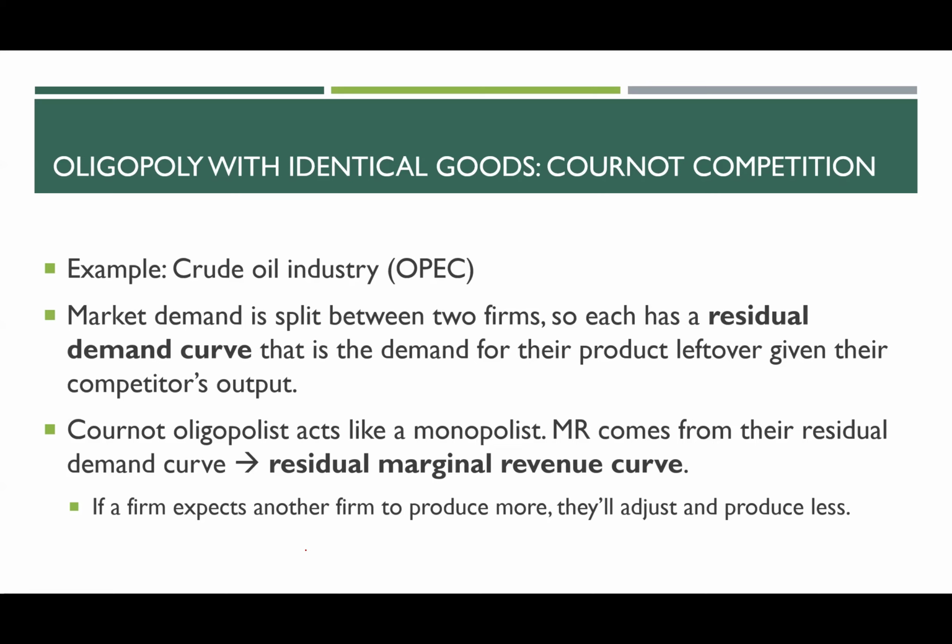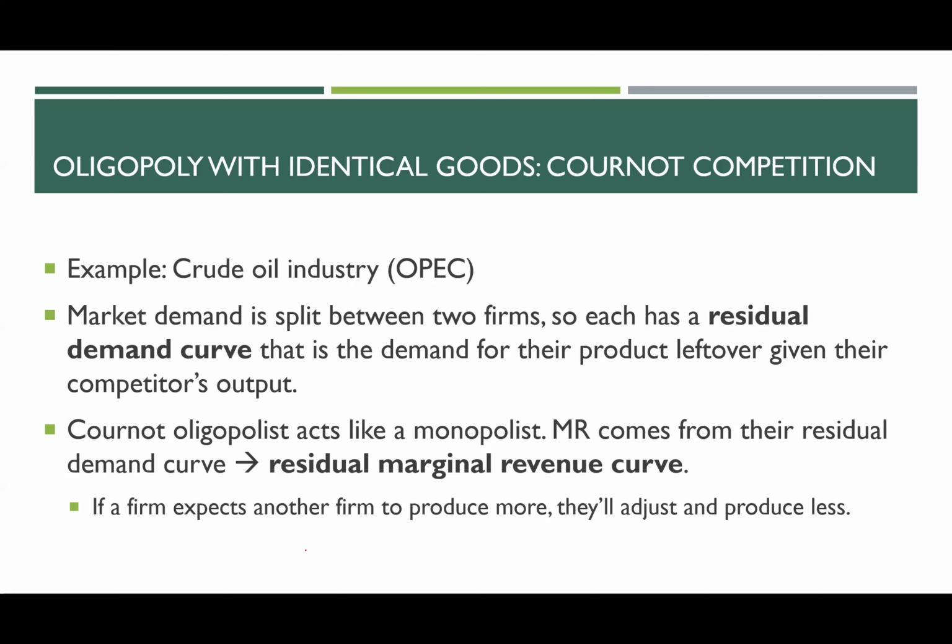So as they estimate their competitors' output levels, that left over portion of the demand curve, what we call a residual demand curve or residual marginal revenue curve, is going to become for the monopolist their own market demand curve.